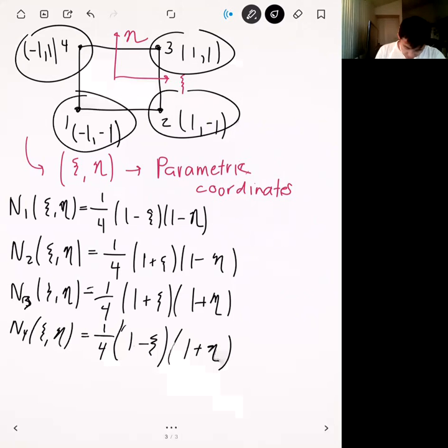Okay. And then once you have the shape functions established, we can form functions for the mapping. And so this will be our mapping from the isoparametric coordinates into the physical space.